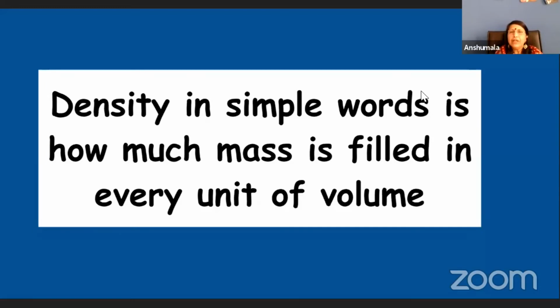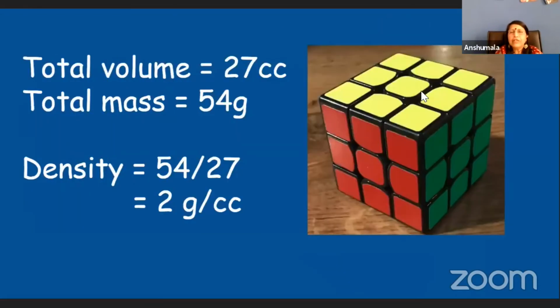I mean, let me first try to show you this Rubik's Cube. You can see that it's a stack of small cubes. It's built like a stack of small cubes.